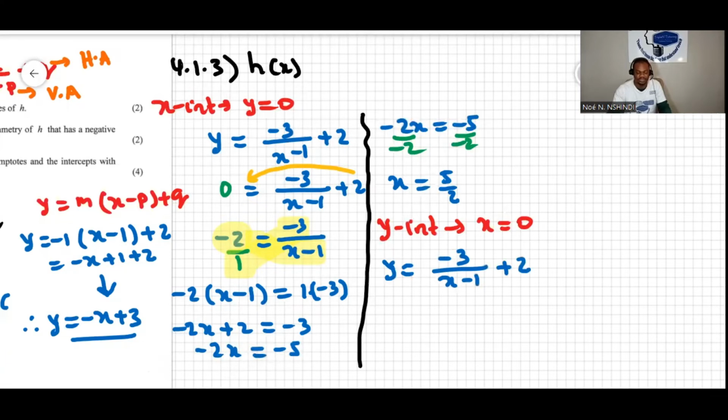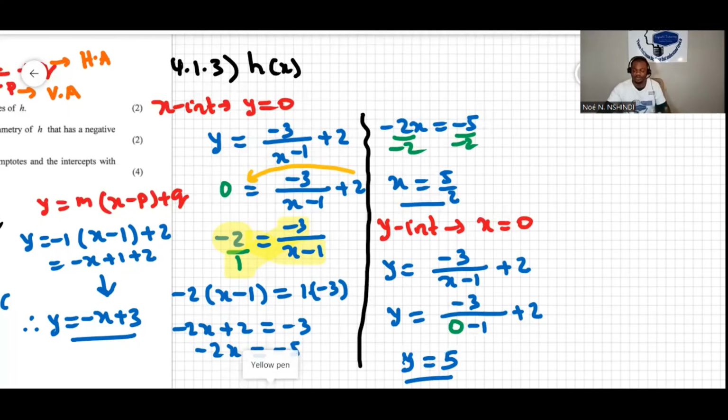We set x equal to 0, so -3 over 0 minus 1 plus 2. Now, -3 over -1 makes +3 plus 2. That makes y equal to 5. Now that we have the x and the y-intercepts and the asymptotes, we can now draw the graph of h of x.